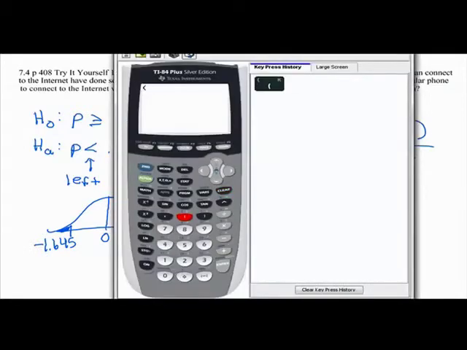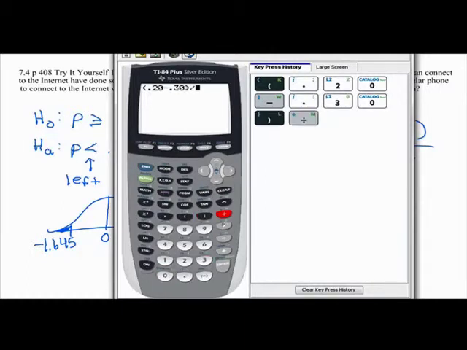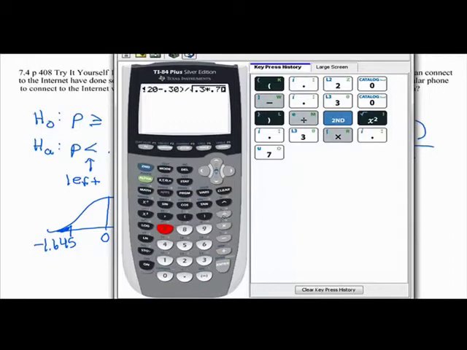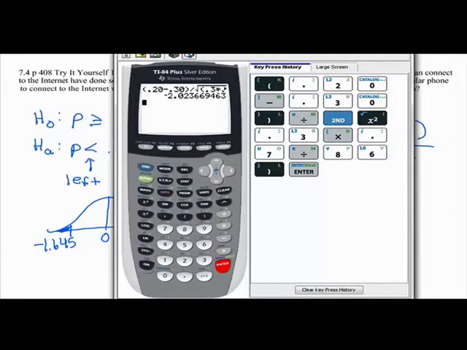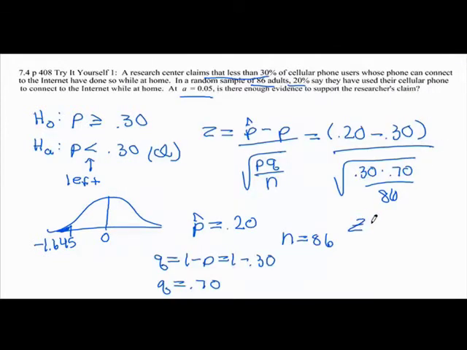Open parentheses, 0.20 minus 0.30 divided by the square root of 0.3 times 0.7 divided by n, which was 86. Close parentheses there. And so we end up with negative 2.02. So z is equal to negative 2.02.